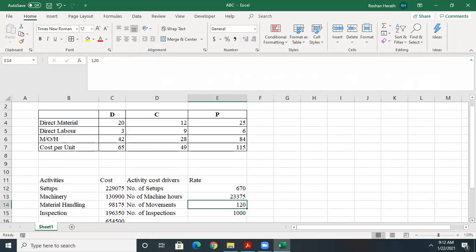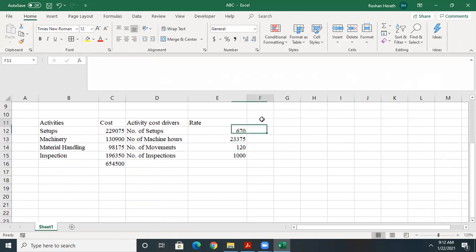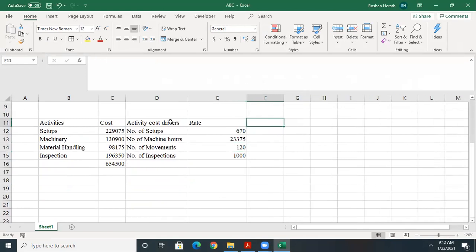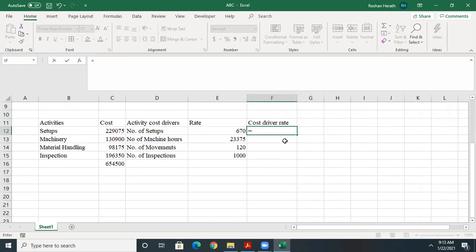Now you can work out the cost driver rate. If you divide this cost by the activity volume, you get the cost driver rate. So per setup, how much is the cost?